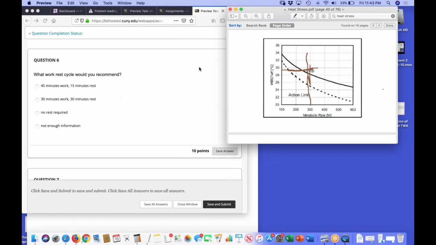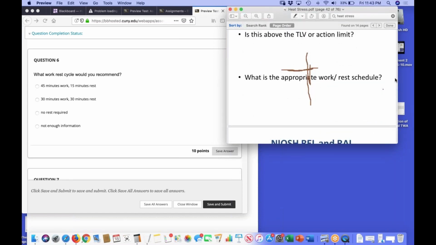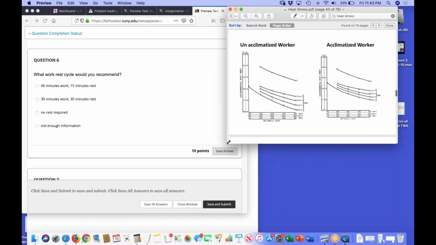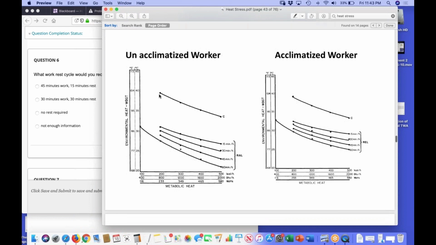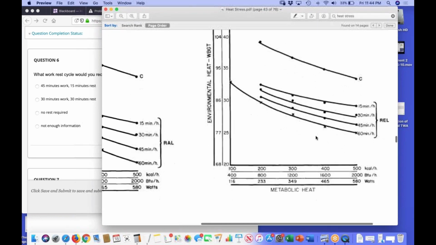Okay, work rest cycle. So now, see if we can't find the work rest cycles. Okay, and here is our chart for our work rest cycle. So I'm going to go to acclimatized work. It doesn't say anything about it being an unacclimatized worker, a new worker. So I'm going to go right into our acclimatized workers. And let's see.